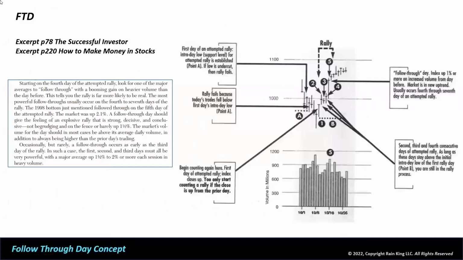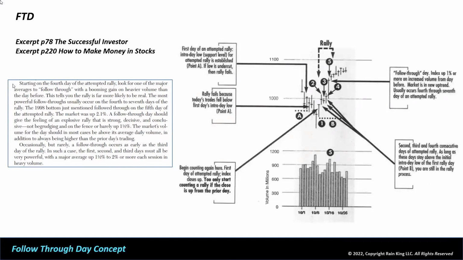So what is a follow-through day? I've taken this diagram, it's page 78 from The Successful Investor book, and let's walk through what a follow-through day is. The text below is page 220 from How to Make Money in Stocks. So let's start with that.